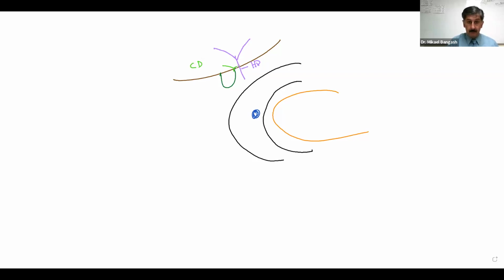Now, you may have instances where the cystic duct meets with the hepatic duct here. And then this was the hepatic duct, and this becomes the common bile duct. Now, the union of these two is what forms what we call the common bile duct. Did that make sense?